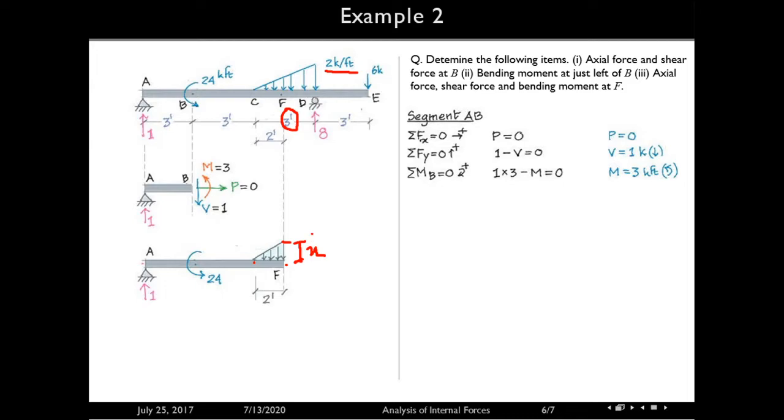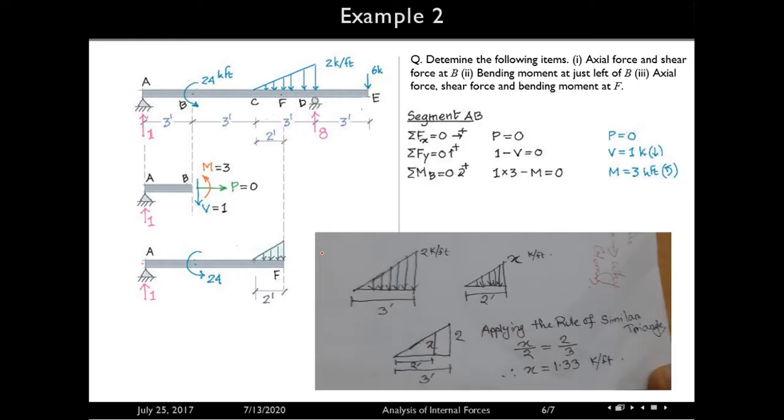We can do it in several ways, but I prefer to apply the similar triangle rule. In the question, the base of the triangular load, or the non-uniformly distributed load, or we can say varying load, was initially 3 feet.